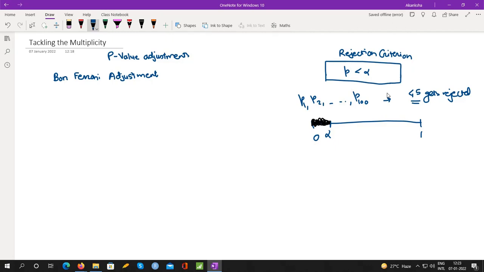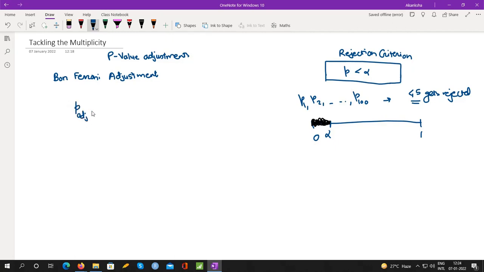Correct. So if I scale them up, some of them would go beyond alpha and end up in the acceptance region. All these p-value adjustments are in some way trying to increase the p-values. Bonferroni adjustment is the simplest one.